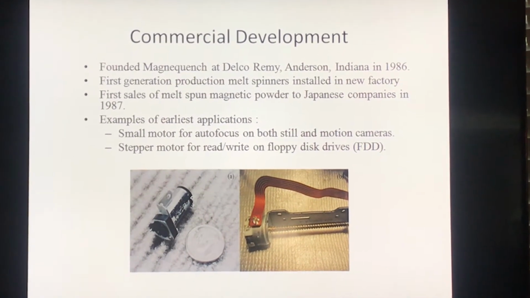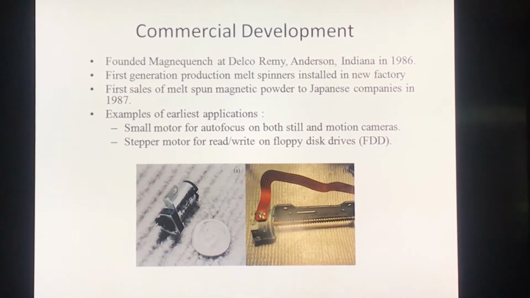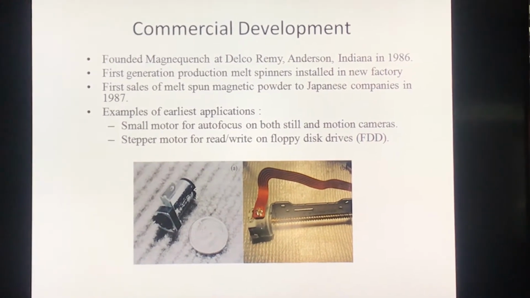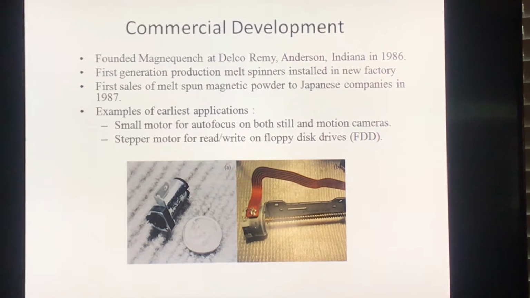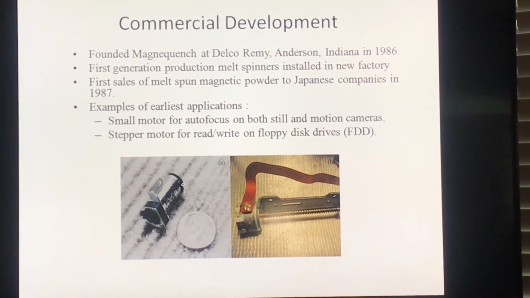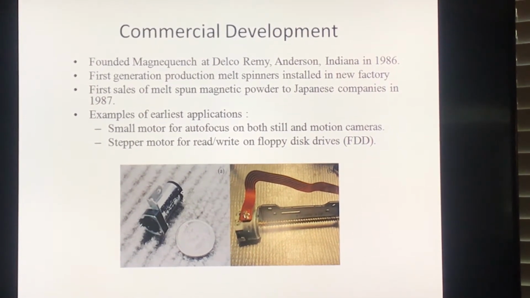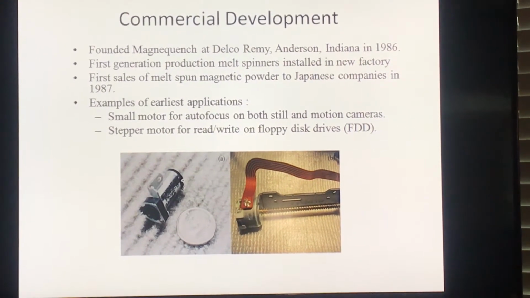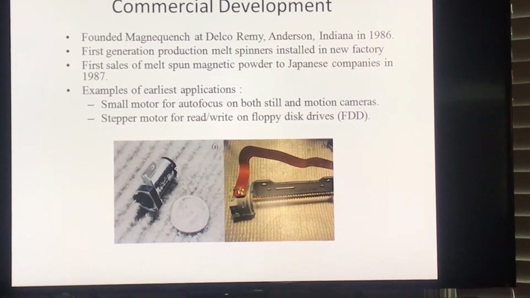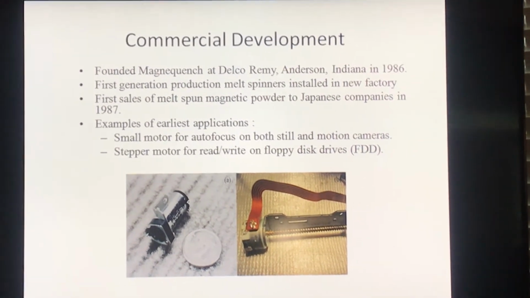In terms of commercial development, we founded the Magnequench business unit at Delco Remy, Anderson, Indiana in 1986. We built and installed the first generation production melt spinners in a new factory built in Anderson, Indiana. And the first sales of melt spun magnetic powder to Japanese companies started in 1987.